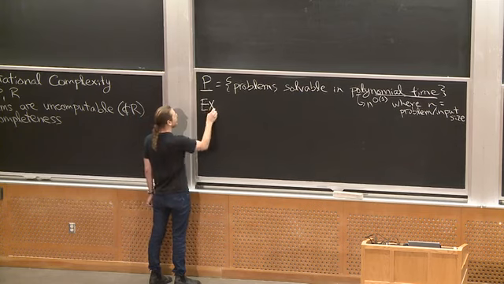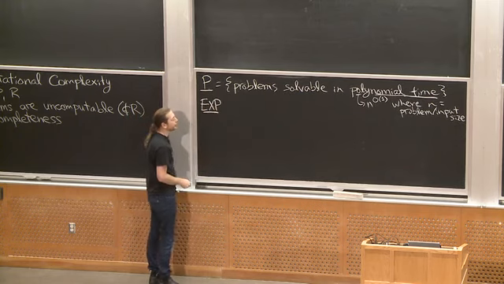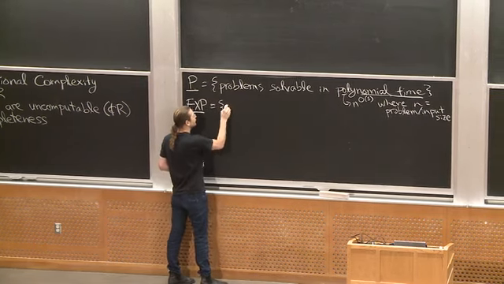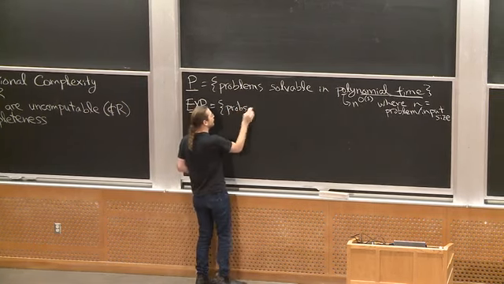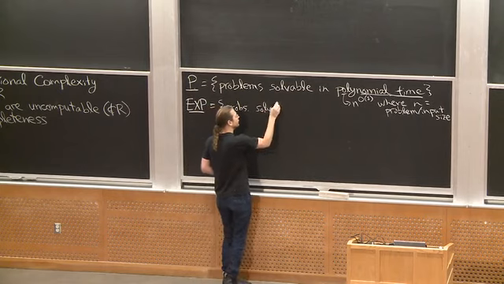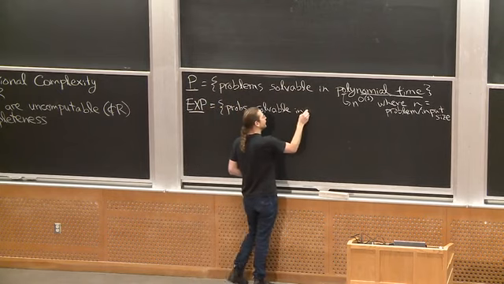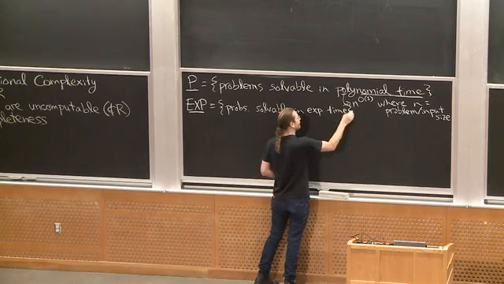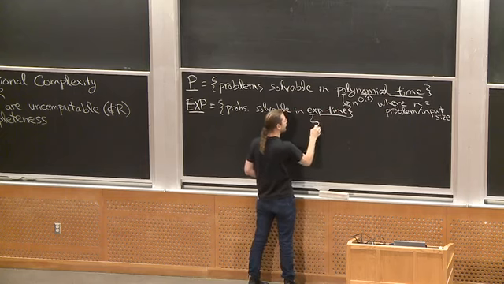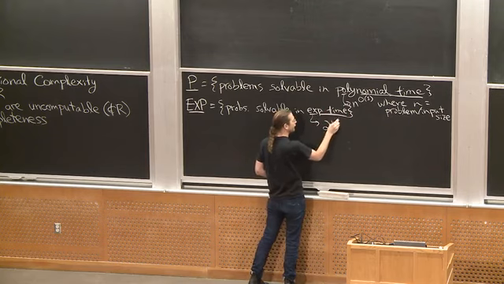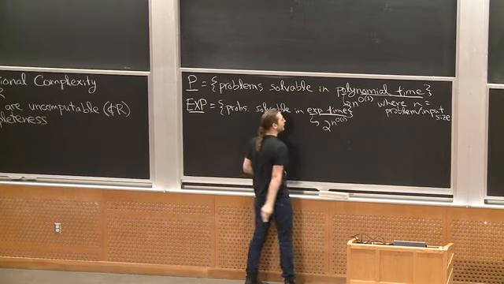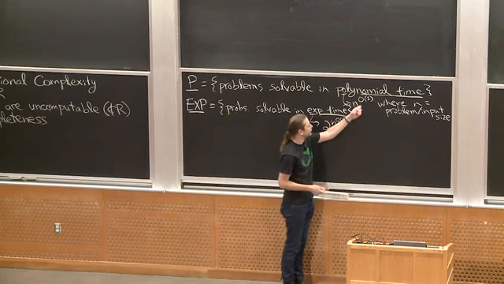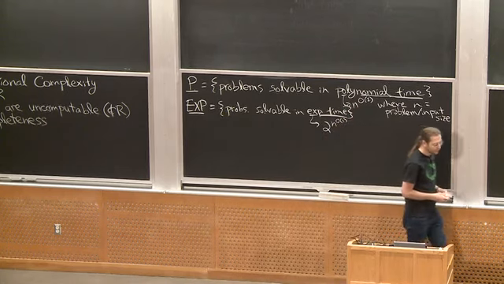And for contrast, EXP is the set of all problems solvable in exponential time. Exponential here means something like 2 to the n to the constant, one reasonable definition of exponential, so just the exponentiation of this polynomial.